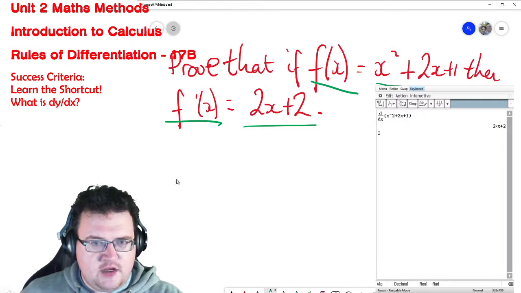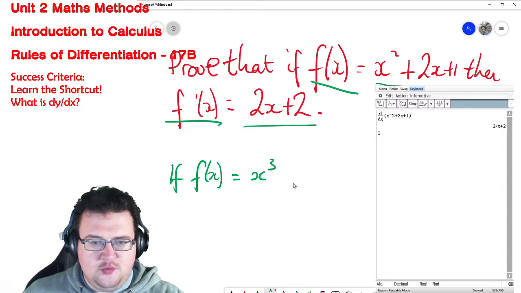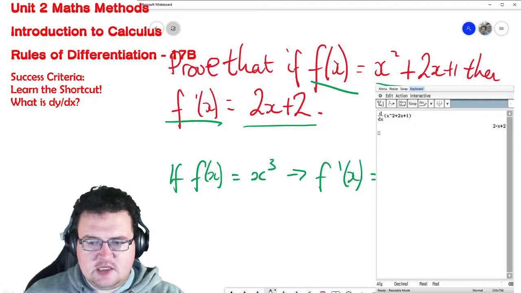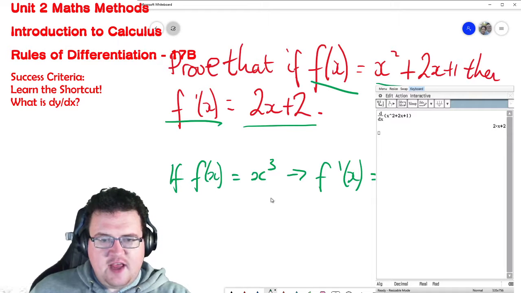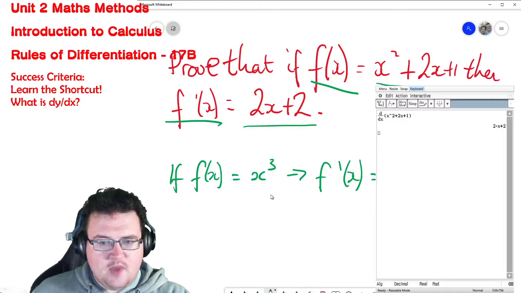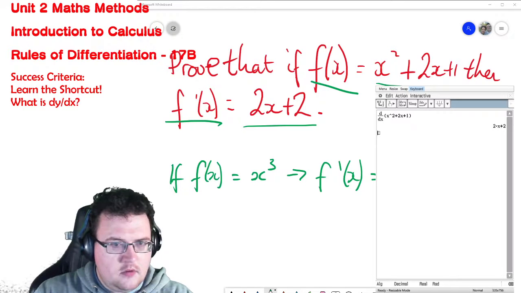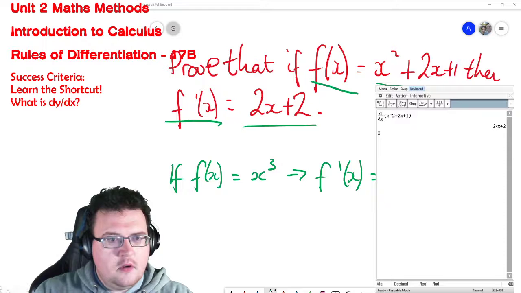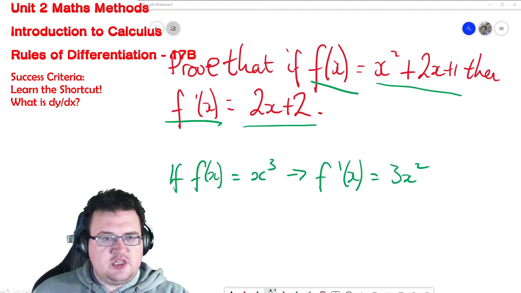So if f of x is x cubed, f dash x is going to be 3x squared. So f of x, what's this? Cubic. And what is its derivative? Look at its derivative.